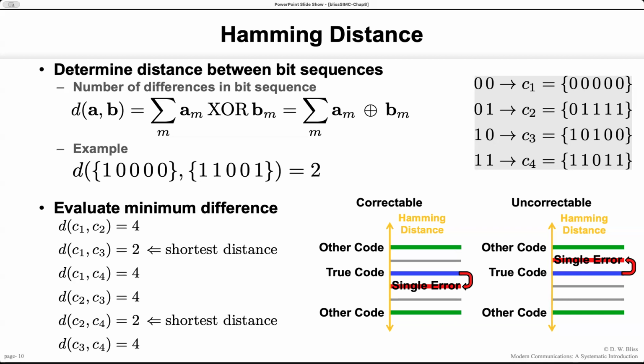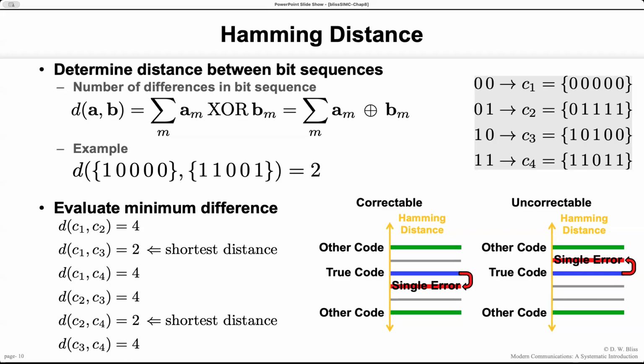If the Hamming distance is 2 and we move towards the code word where the Hamming distance is 2, we have a problem because now there's just one bit change to get to the other code word versus the true code word. And I don't know which one to snap back to. I don't know which one to pick. Right. So we say that there's no guarantee that we can correct that.